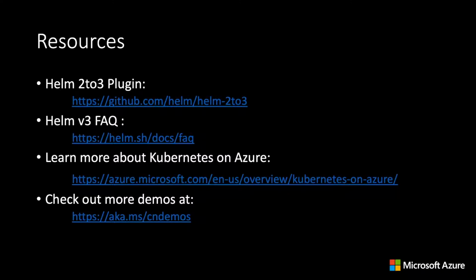And remember, Helm v2 is in security patch only mode as of August 2020, and by the end of November 2020 it will not be accepting updates whatsoever, which means that you really want to migrate to Helm 3 sometime between now and the end of 2020.